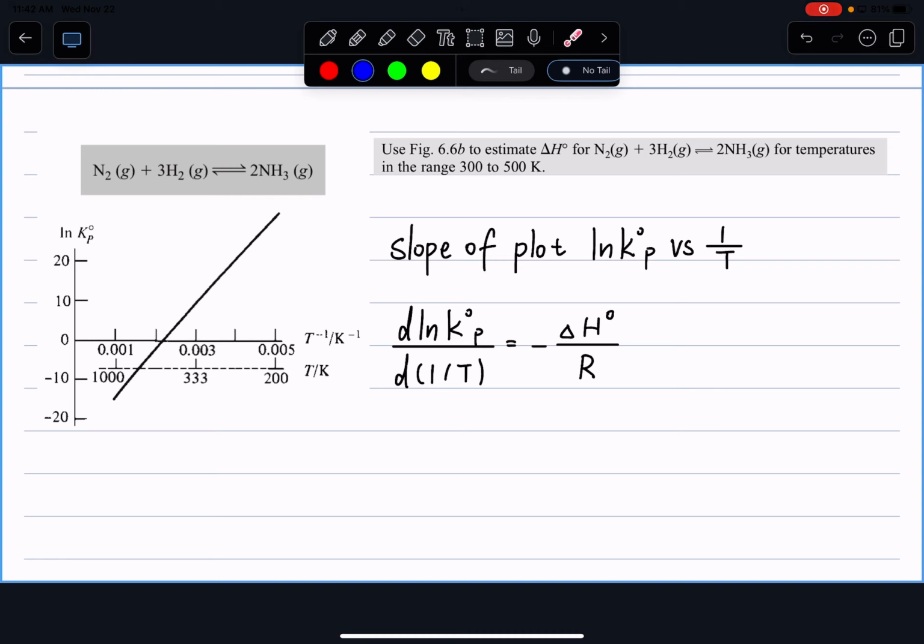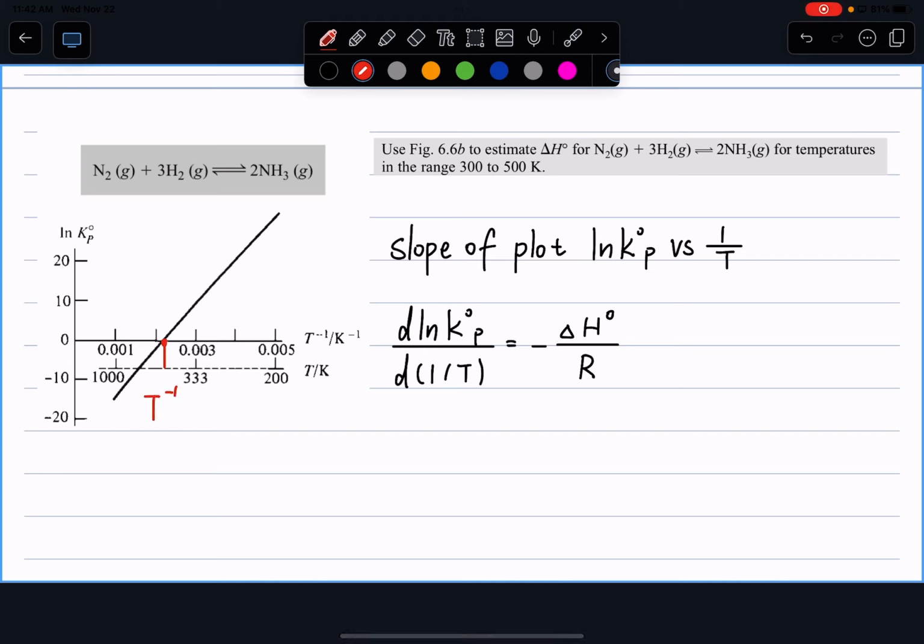So what you want to do is find two points of interest. It doesn't matter which points you have, it's just calculating slope. I just randomly pick two points. One is here, because we know ln Kp equals 0. It's easier to calculate. And you estimate what that temperature is.